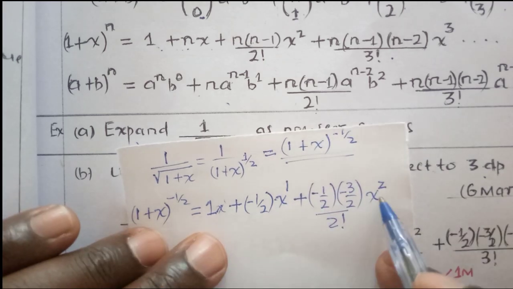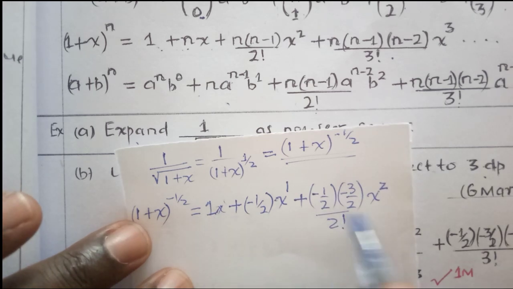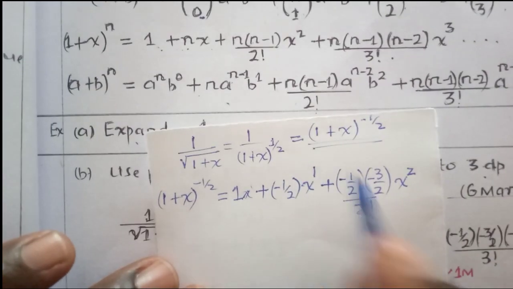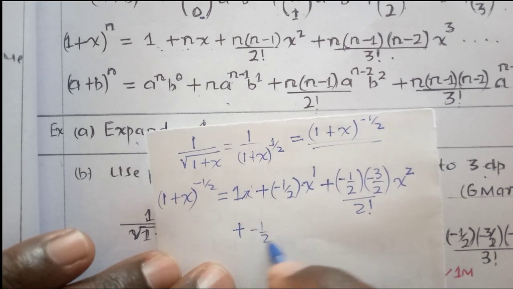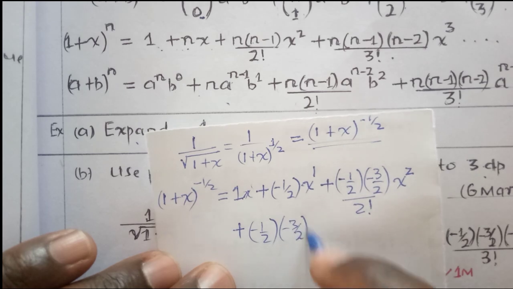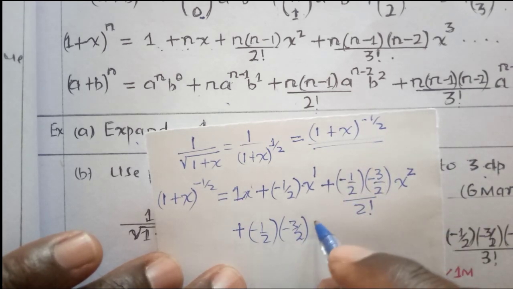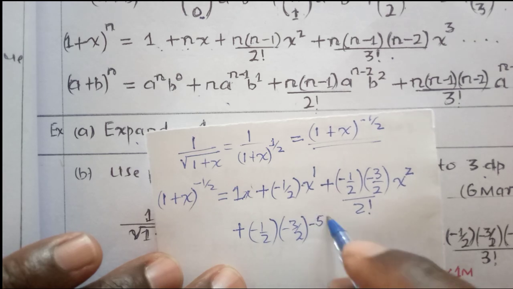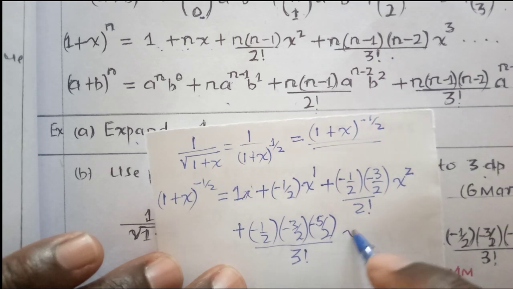Remember, x is in ascending order, while the 1, if it were there, would be in descending order. Then plus negative a half, times negative 3 over 2, times negative 5 over 2, all over 3 factorial, x cubed.